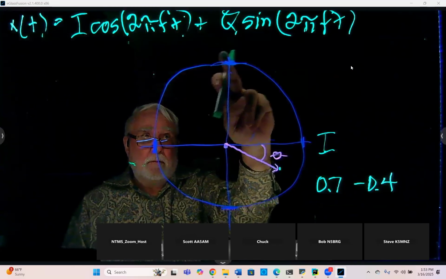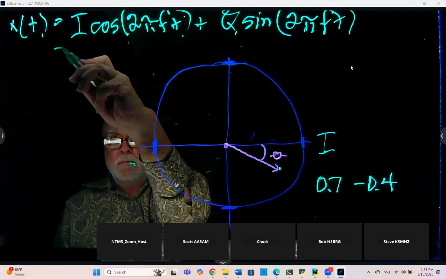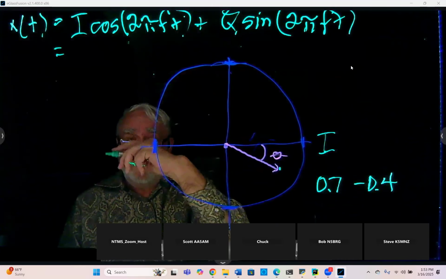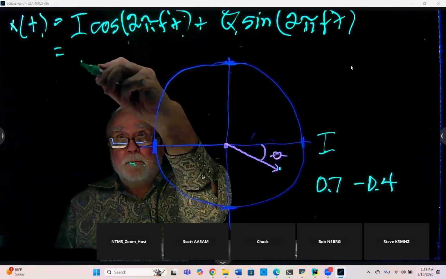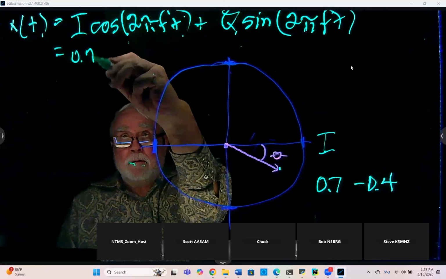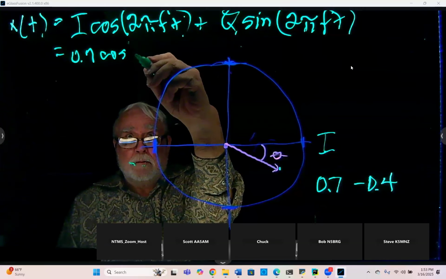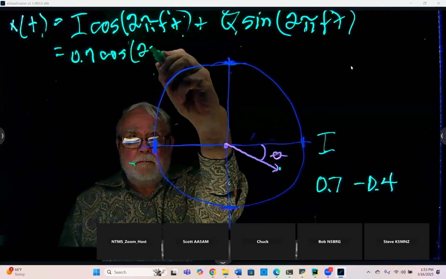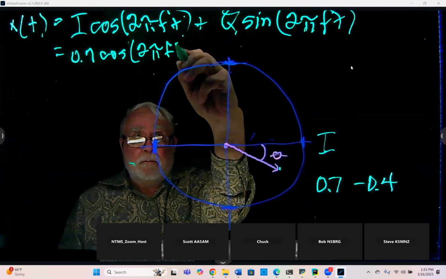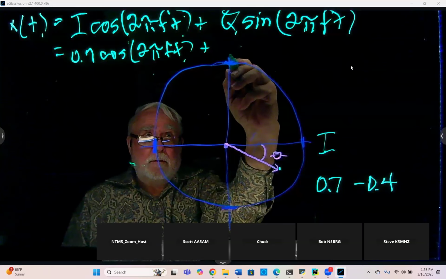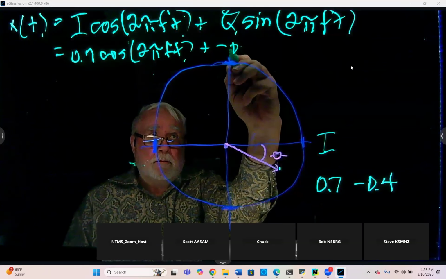That Q, which will, in substitution, 0.7 cos 2 pi ft minus.